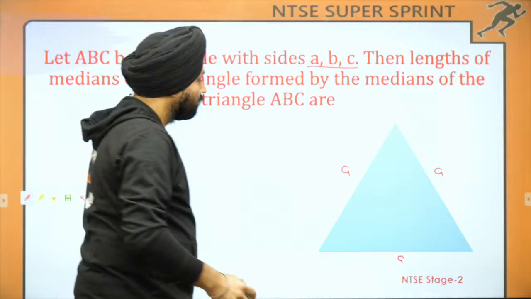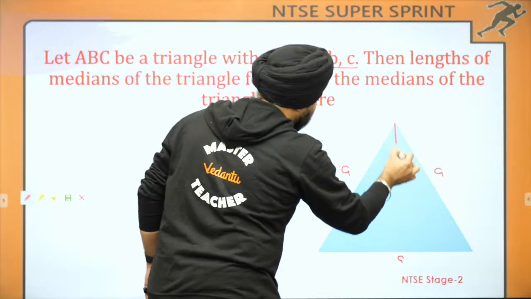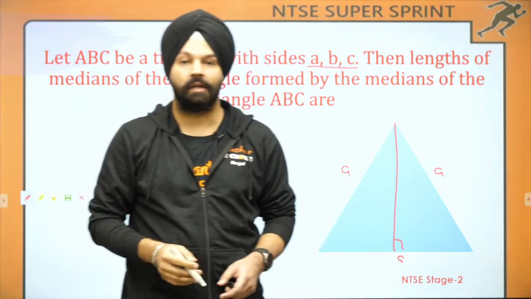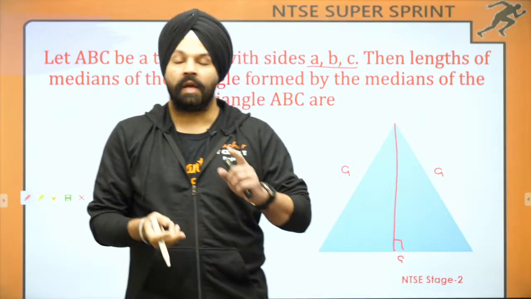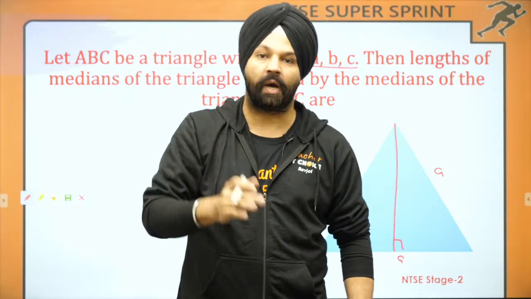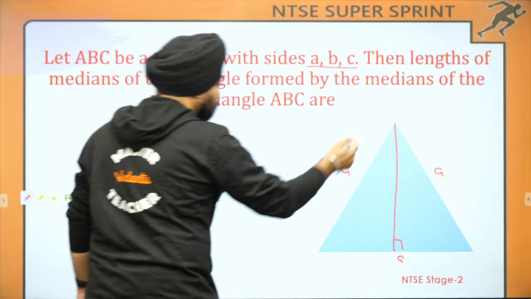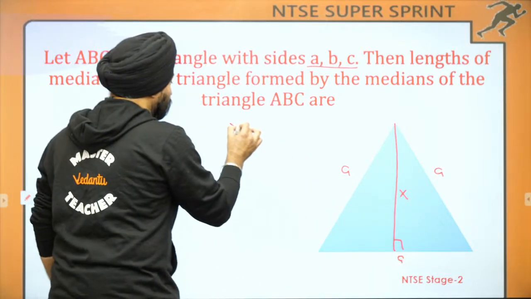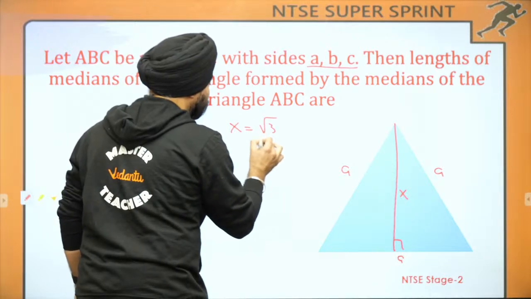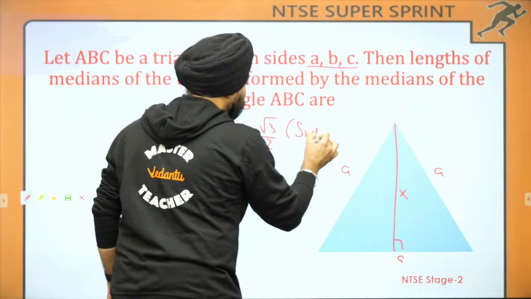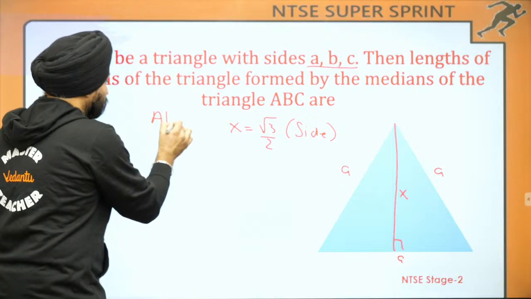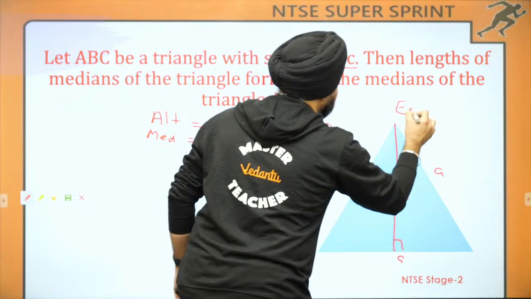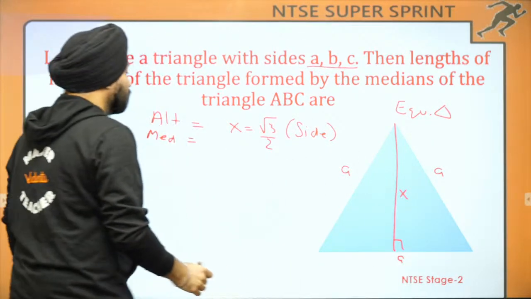Now, we know that in an equilateral triangle, the altitude is also a median, because an equilateral triangle is symmetrical. So altitude, angle bisector, median, all will coincide. If I have to calculate the length of one of the medians, let's suppose x, we all know that the length of the altitude is root 3 by 2 into side for an equilateral triangle.